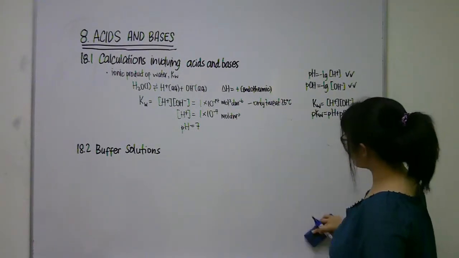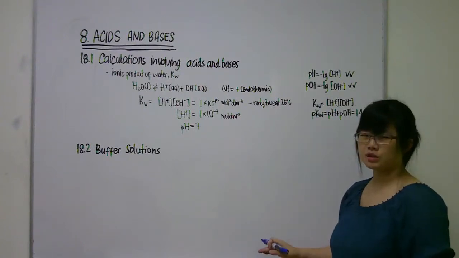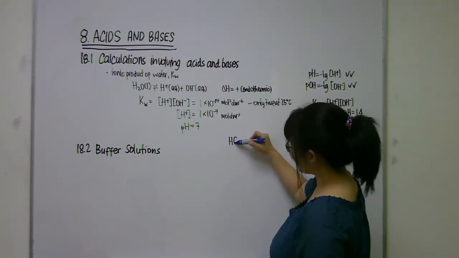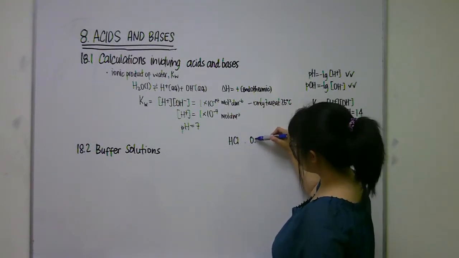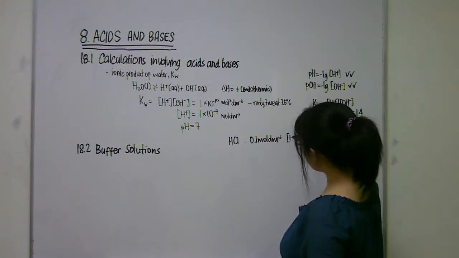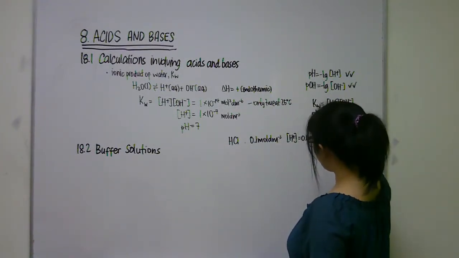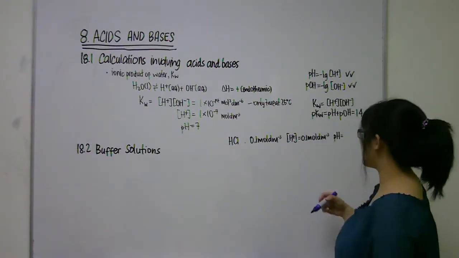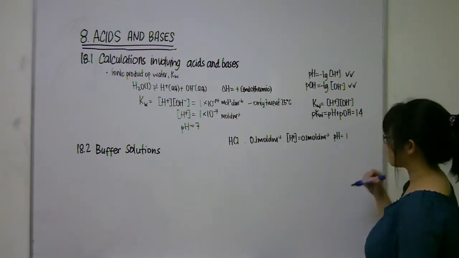It's about the pH of a very dilute acid. For example, if I have HCl at a concentration of 0.1 mole per dm cube, I know that this will give a H plus concentration of 0.1 mole per dm cube. When I use my calculator and take minus log of this value, I know that the pH is 1.